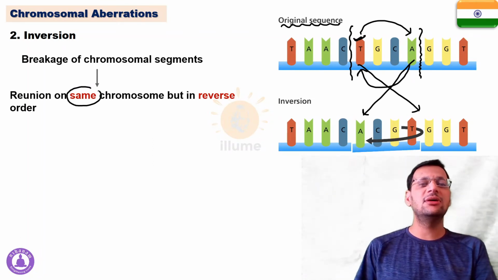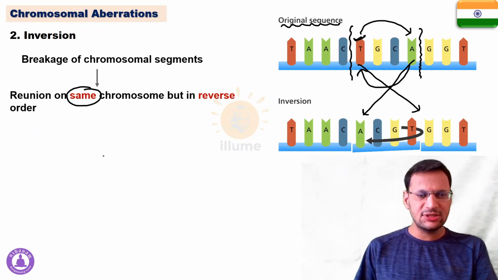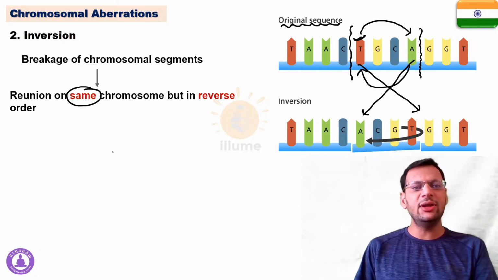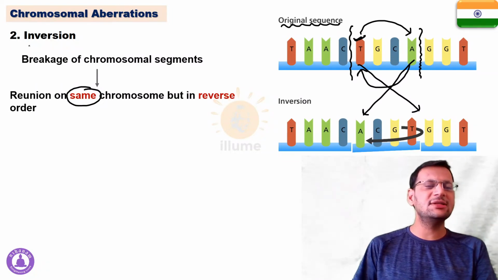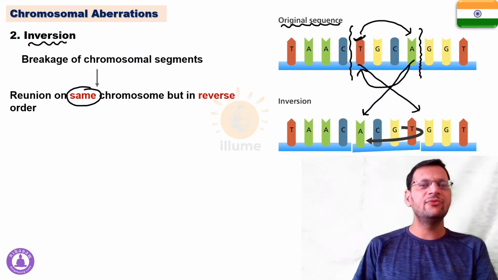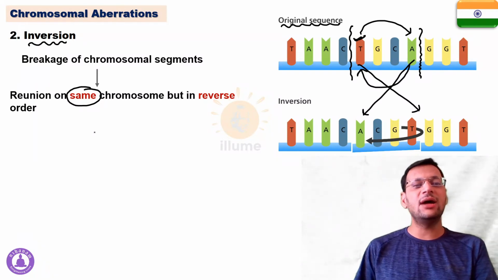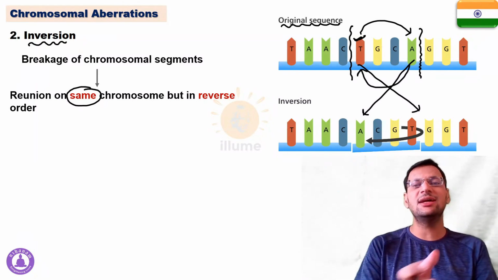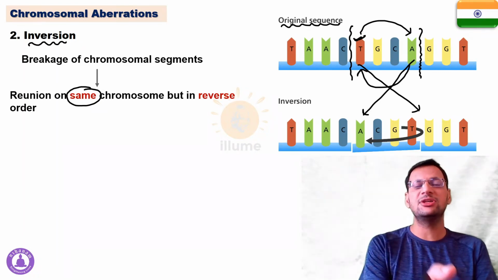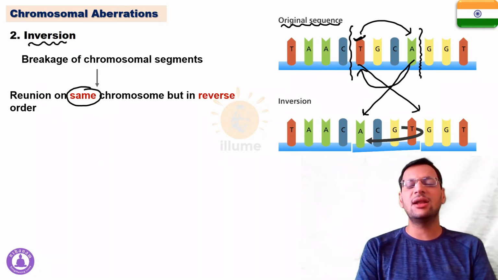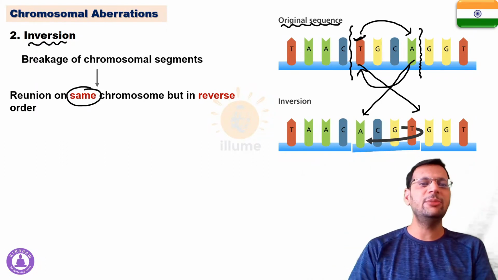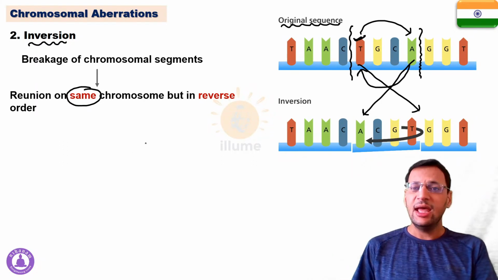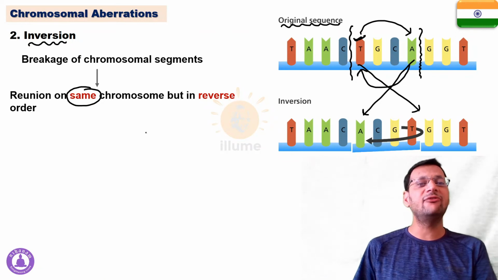Listen to this carefully: if a part of a chromosome is lost and it gets reunited on the same chromosome, then it is called inversion, and if it is united on another chromosome, then it is called translocation. So translocation is entirely different from inversion, and I'll discuss translocation in our upcoming videos. You have to remember that in inversion the reunion after splitting takes place on the same chromosome.